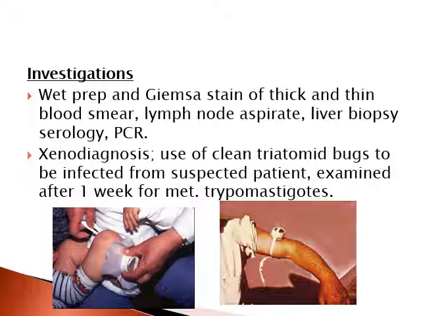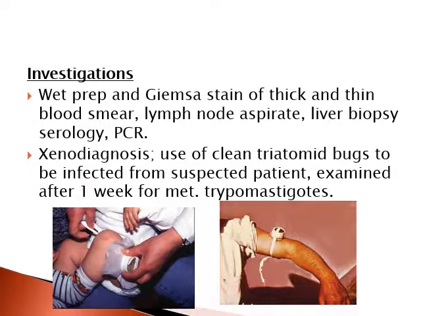Serology and PCR are helpful, but they are too costly for the natives who are poor. So they do something else, which is xenodiagnosis. Xenodiagnosis means that we must have clean triatomid bugs. What is clean? Not the washed one, but the ones that don't have parasites, because once the winged bug is infected, it stays infective all its lifespan.